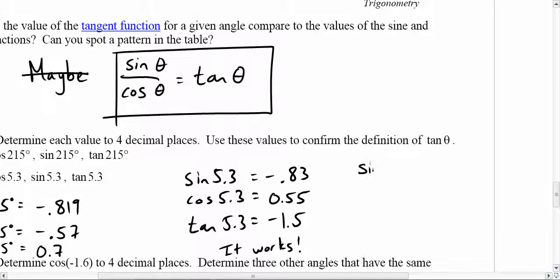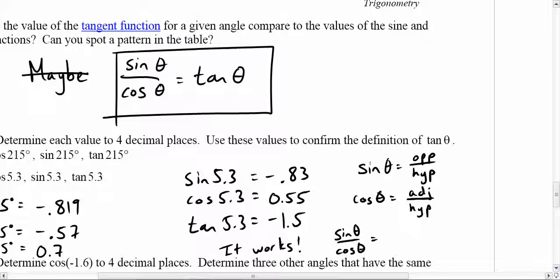So from the first page, sine of an angle is opposite over hypotenuse. Cosine is adjacent over hypotenuse. So sine divided by cosine is opposite over hypotenuse divided by adjacent over hypotenuse.